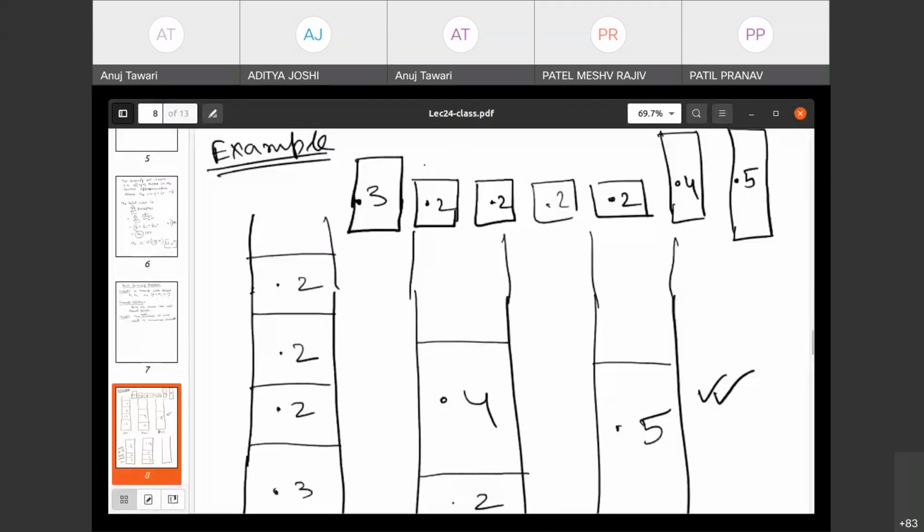So there is one more idea, which is that the top two or three largest elements are not taken together. Yeah, that is a good observation.